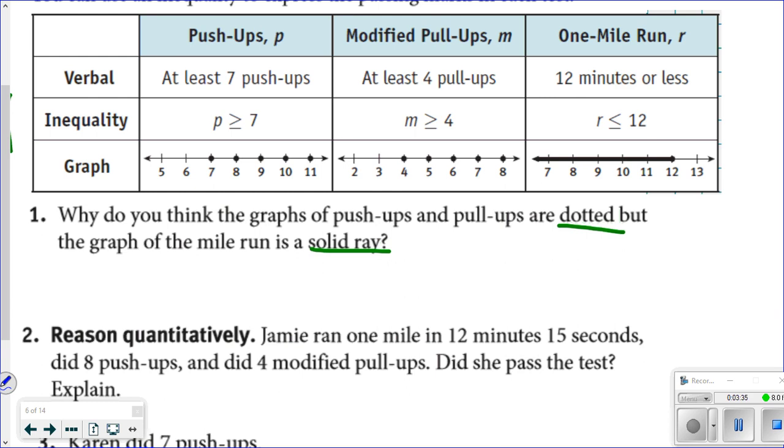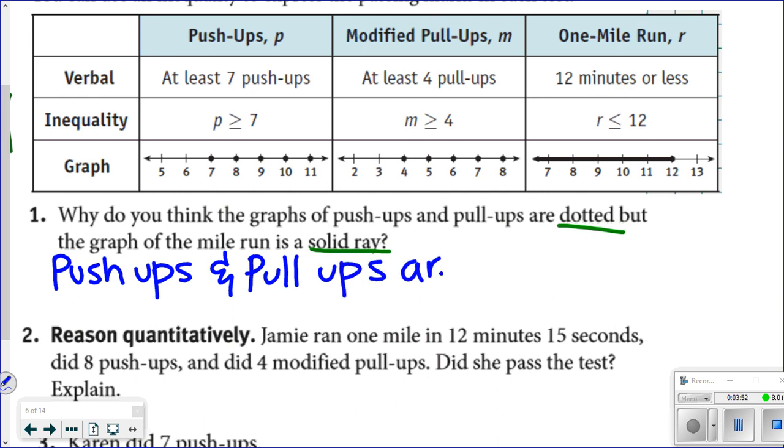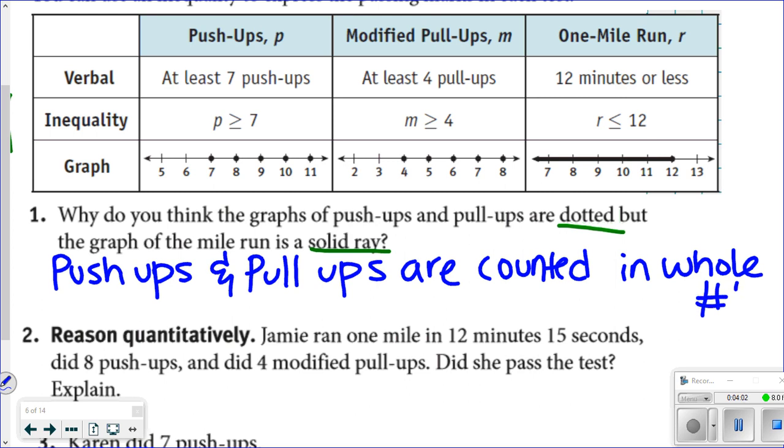Same thing with push-ups. If you're halfway down and you fall, that doesn't count. So the reason here is that push-ups and pull-ups are always completed or counted using whole numbers.